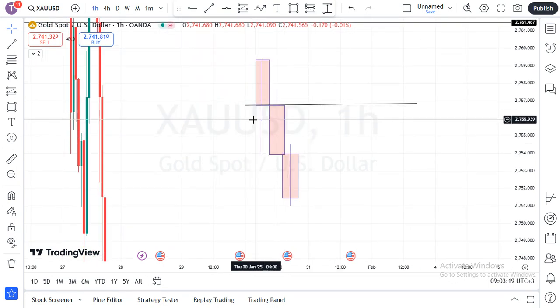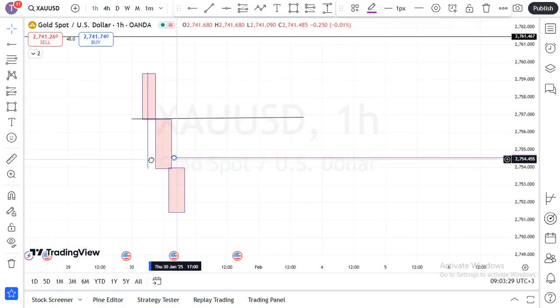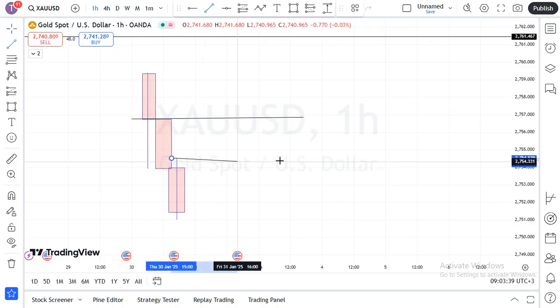So we mark on this close, and then we also mark on this third candle here, and mark this candle also.